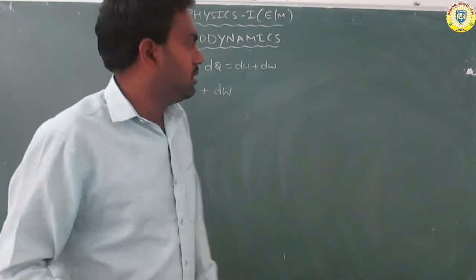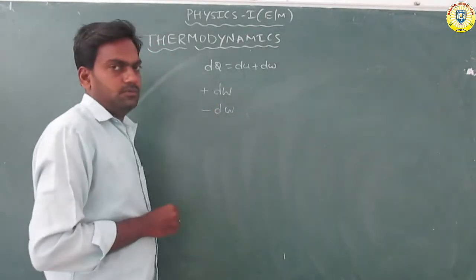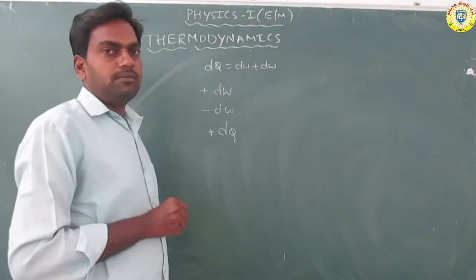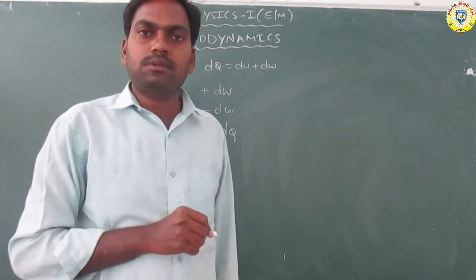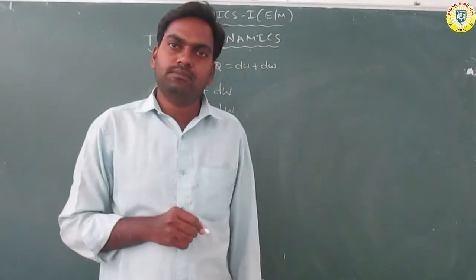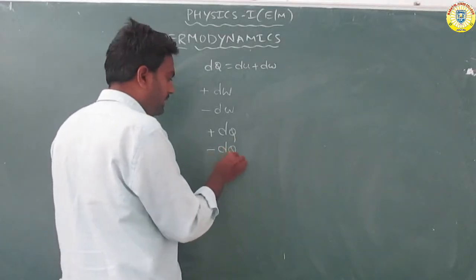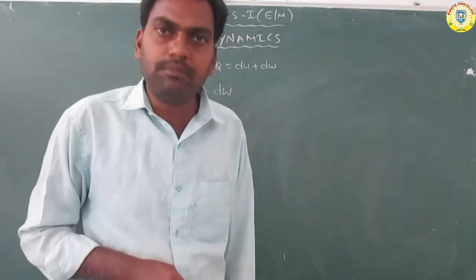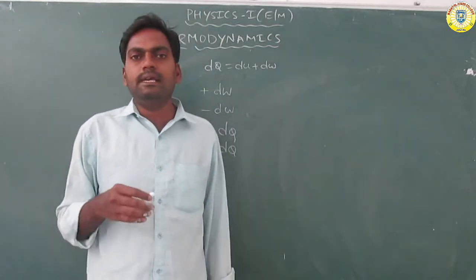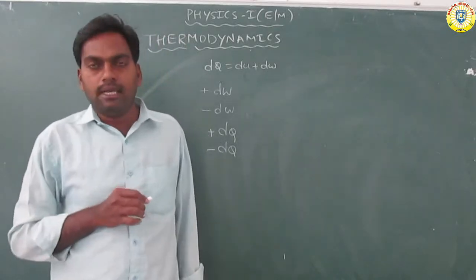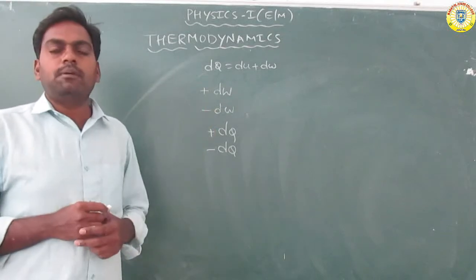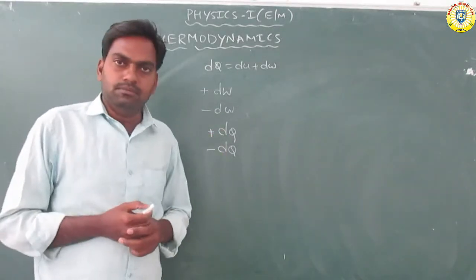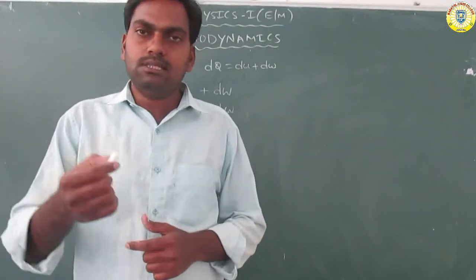So plus dW means positive work done by the system, and minus dW means work done on the system. Plus dQ means the amount of heat is supplied to the system, and minus dQ means the amount of heat is taken out from the system.